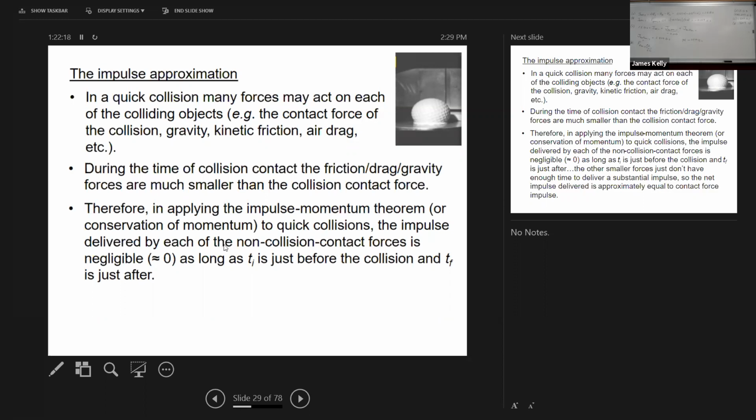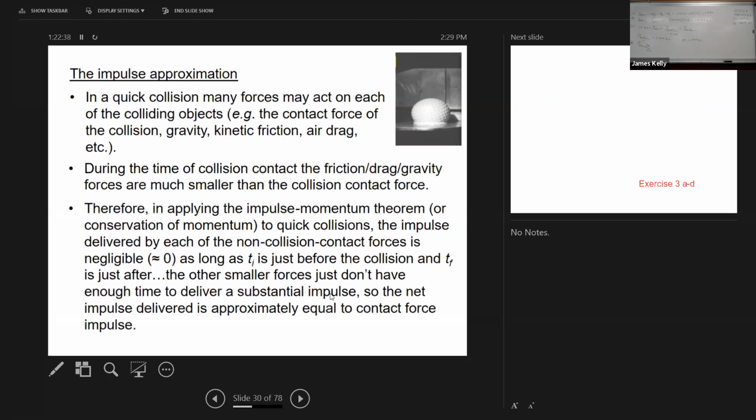The impulse delivered by each of the non-collision forces is negligible as long as we take our time from just before contact begins to just after contact ends. It's a very short period of time where the two things are just very quickly bouncing off of each other.